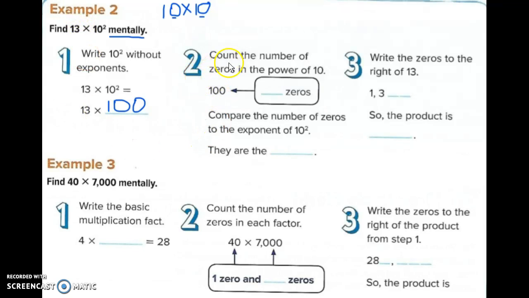Second step. Count the number of zeros in the power of 10. How many zeros? We have 2 zeros. Compare the number of zeros to the exponent of 10 to the power of 2. Remember? 10 to the power of 2. There we see it. This one also has 2. So, they are the same.